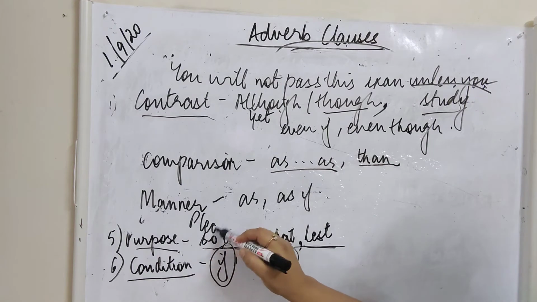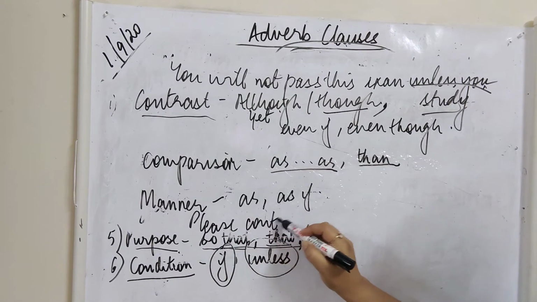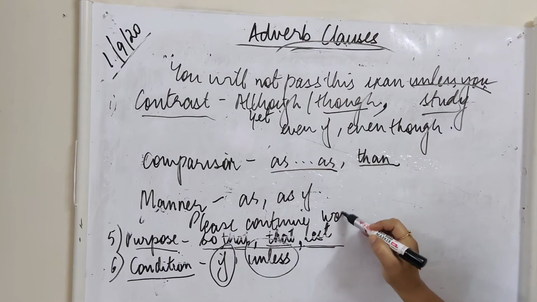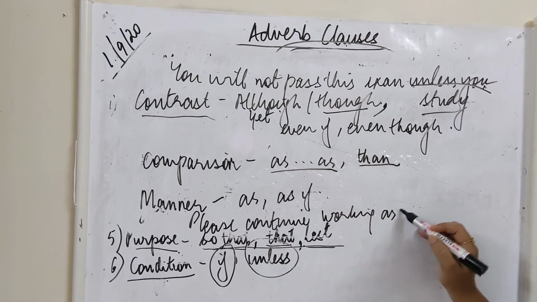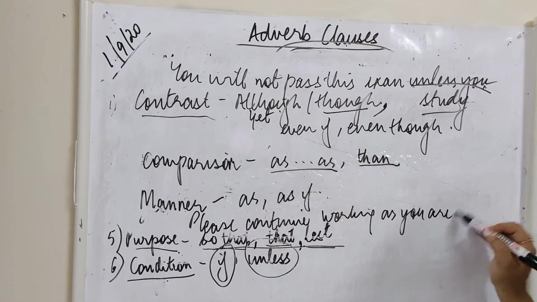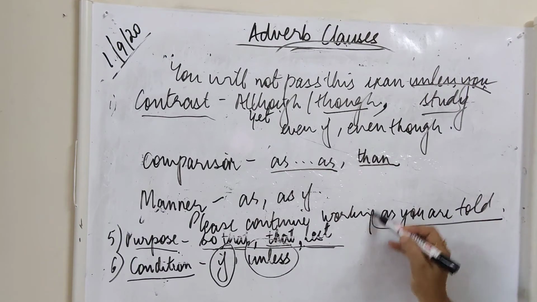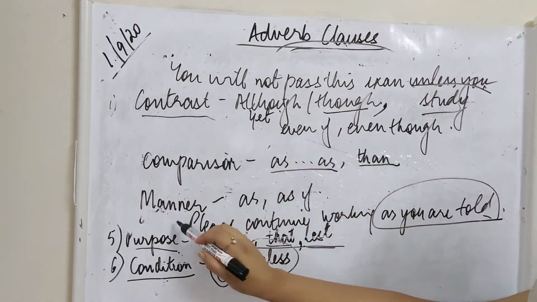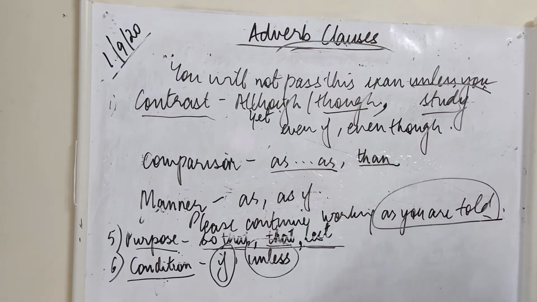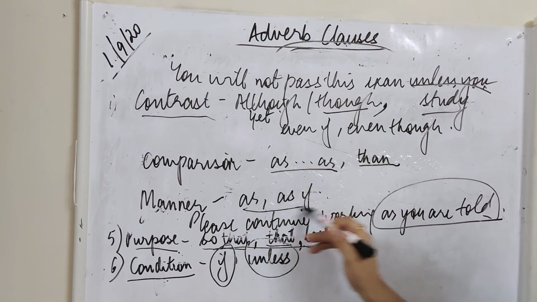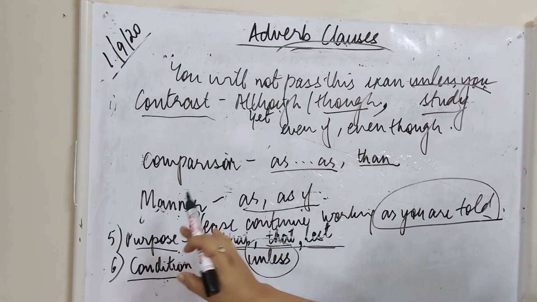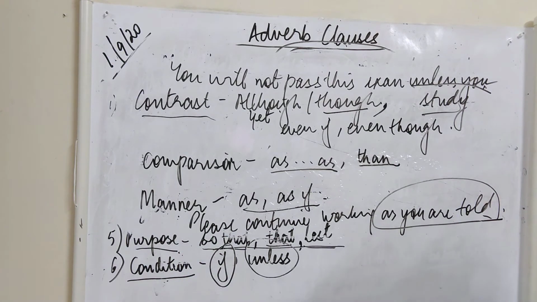So as you are told here is an adverb clause of manner. Or, she shouted as if she was really angry. So as if and as are the words that introduce an adverb clause of manner.